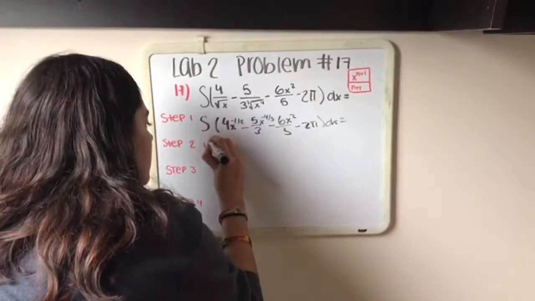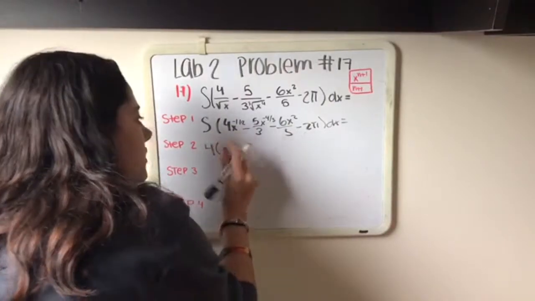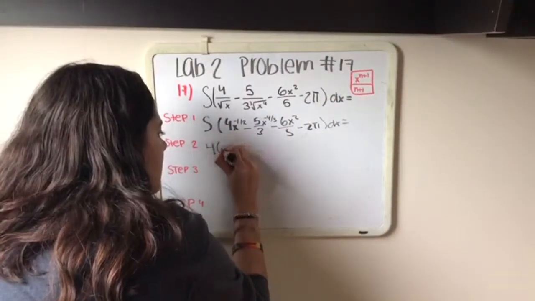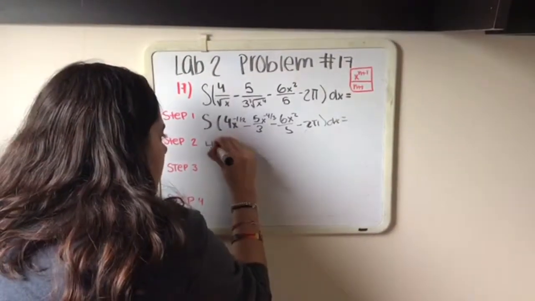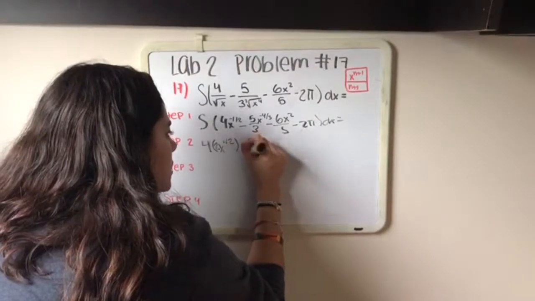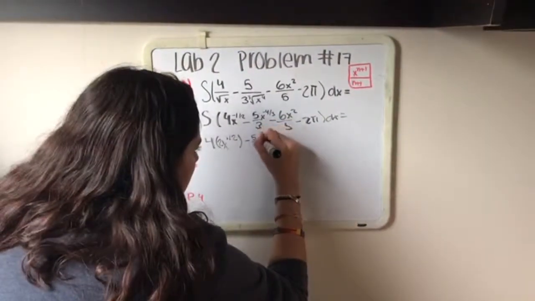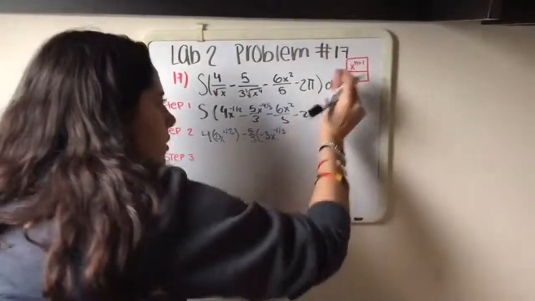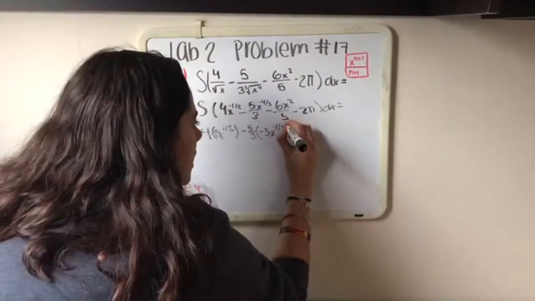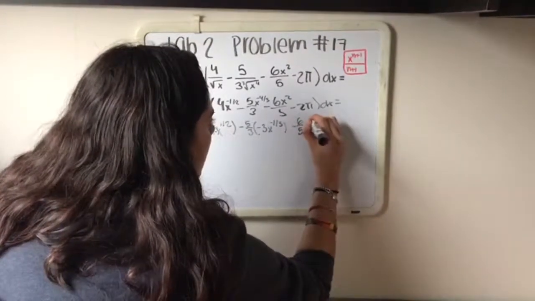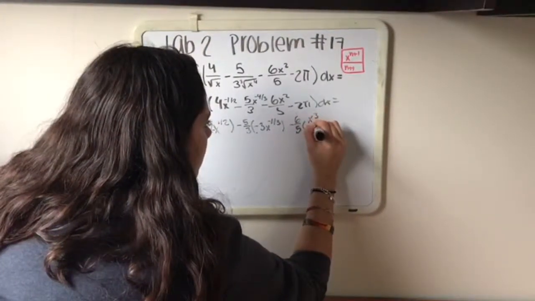So first we write 4, and it is negative 1/2 plus 1, it is x to the 1/2 over 1/2, minus 5/3 over negative 1/3 x to the negative 1/3, because we are applying this formula in here, and it is 6/5 x to the third over 3.